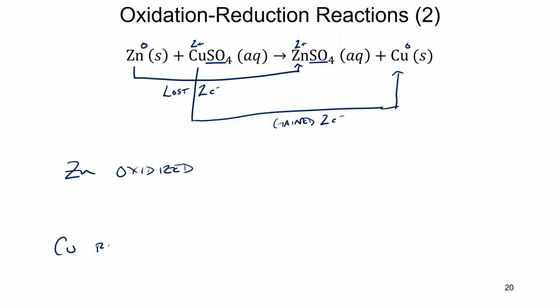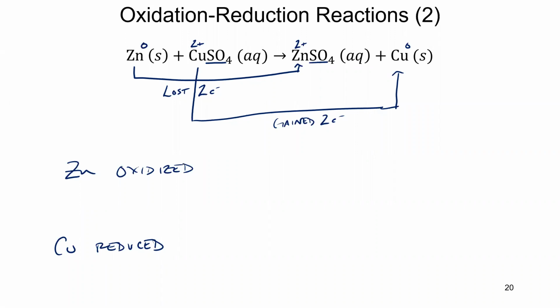Copper then must have been reduced. Because zinc was oxidized, that means that the process of it being oxidized caused something else to be reduced, right? In this case, it was the copper. And so the zinc oxidation process made the copper get reduced.